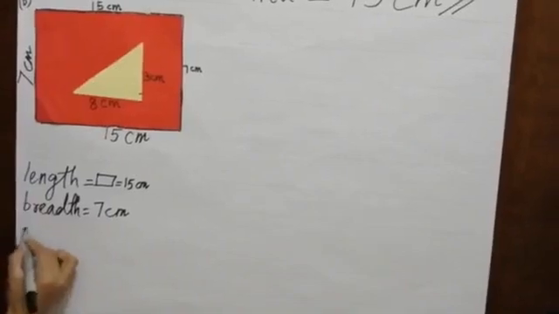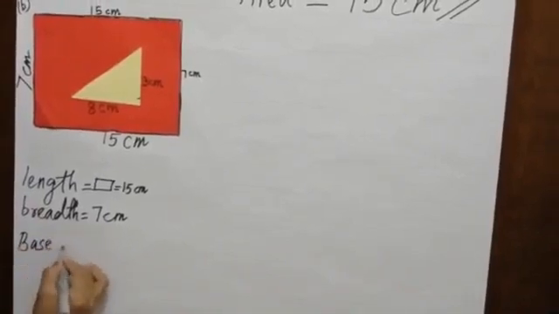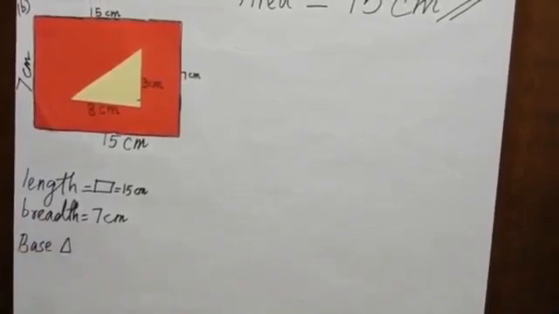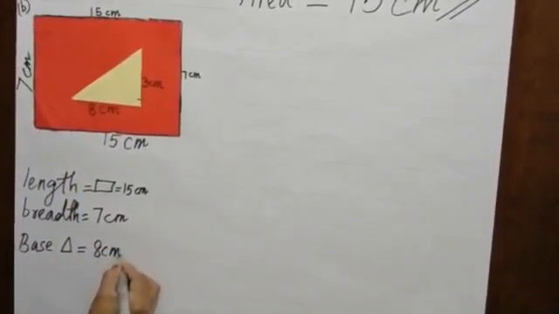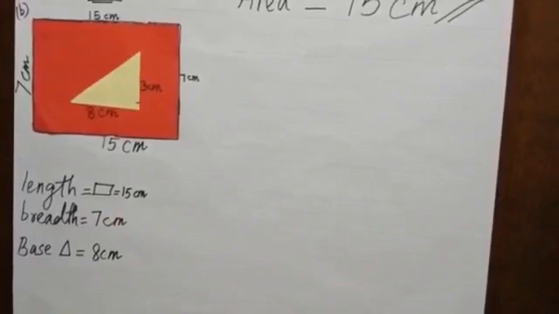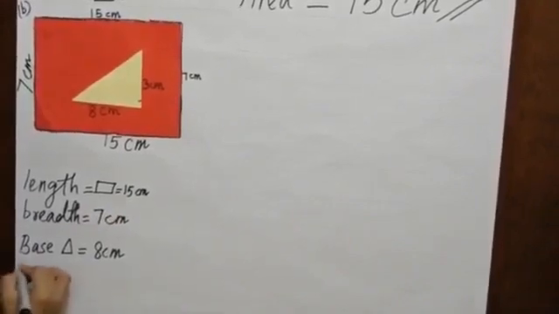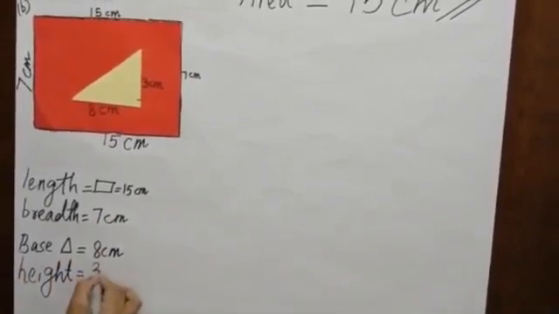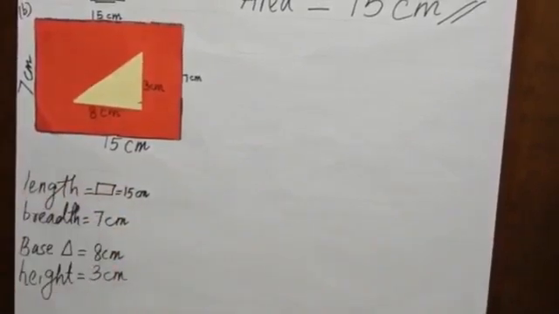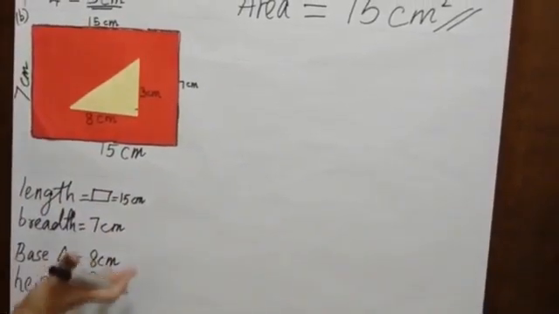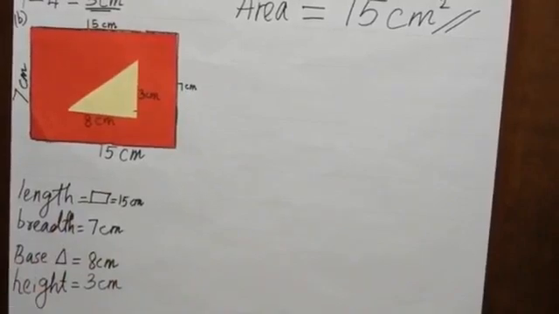So we'll take the base of the triangle as 8 centimeter and the height of the triangle is equal to 3 centimeter. When you arrange all the measurements like this, it will be helpful to you to do the problem easily.